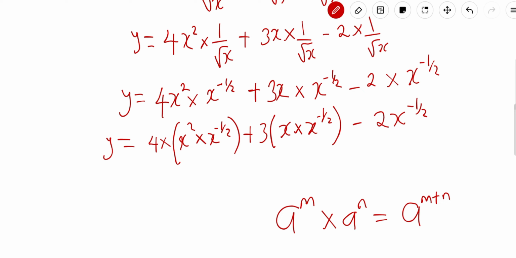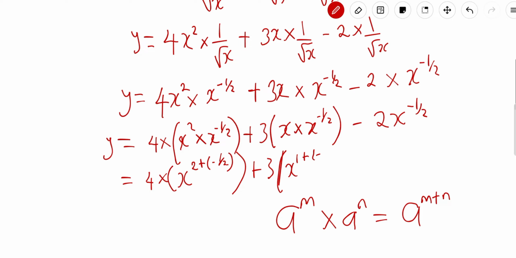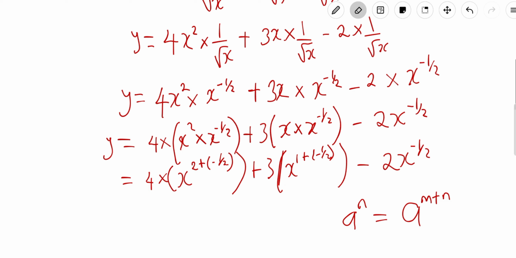So I can transform this to be x to the power of 2 plus negative 1 over 2, plus 3x to the power of 1 plus negative 1 over 2, minus 2x to the power of negative 1 over 2. I believe you understood what I just did there.